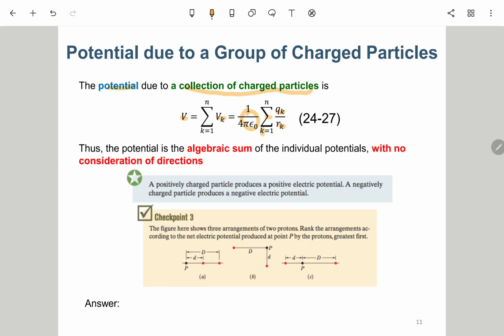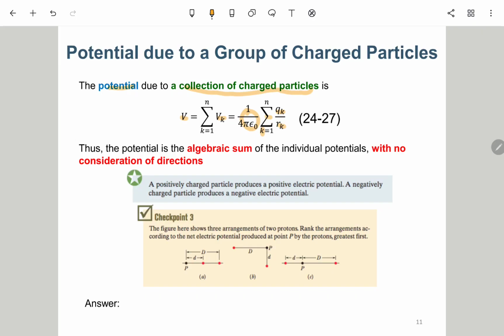Okay, so it somehow looks like what we do for the Coulomb's force and E field, but the difference is that Coulomb's force and E field are vector fields. Here the potential is a scalar field.